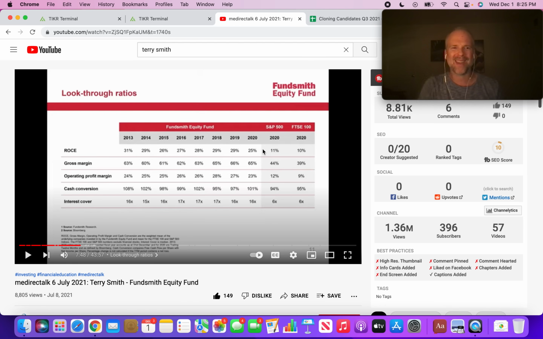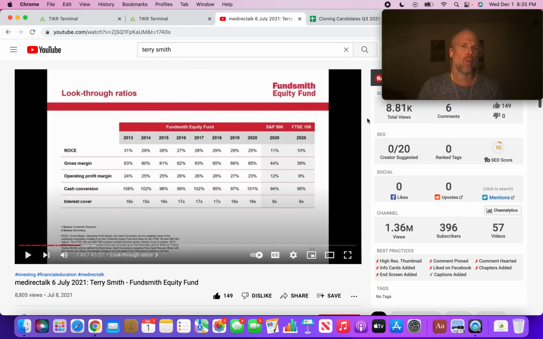So what they do here is they take the weighted average of all of the companies in the Fundsmith portfolio, and they compare these different metrics to what they would be with the S&P 500, the FTSE 100 in the UK, and this captures a lot of the differentiation between what's important to Fundsmith when looking at investment opportunities, and how those things measure up for the rest of the market.